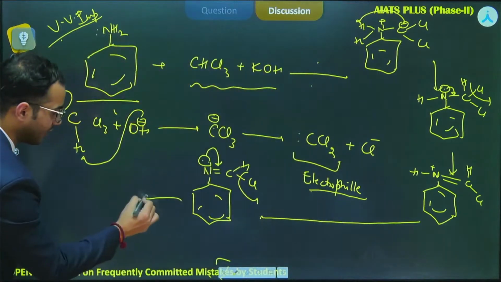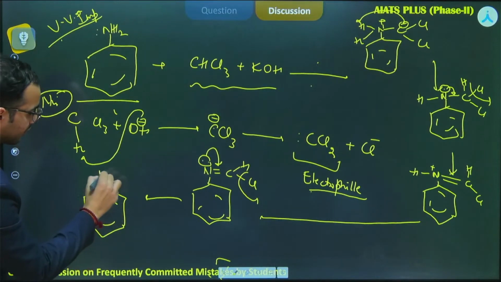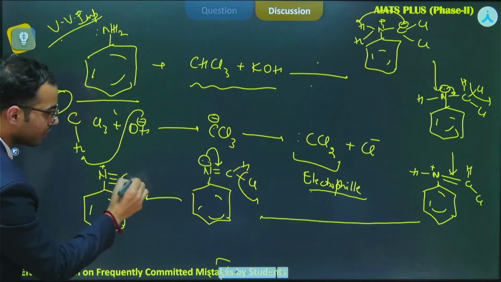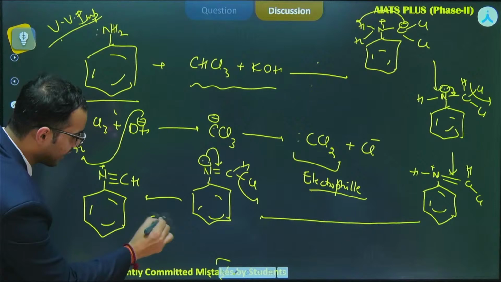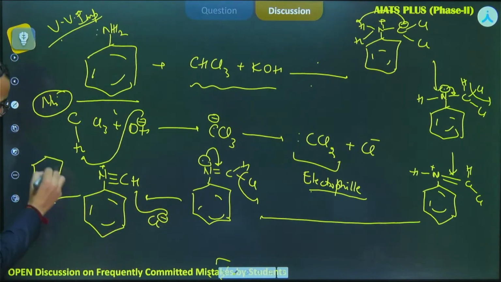And you are getting your final product: triple bond C, positive, and hydrogen. And the Cl negative will abstract this proton, and the product will be N triple bond C minus, N plus.